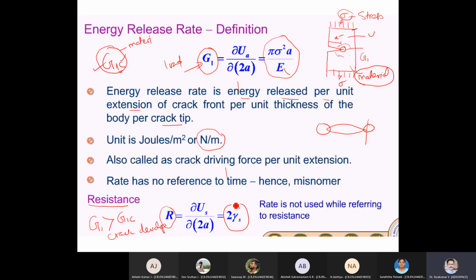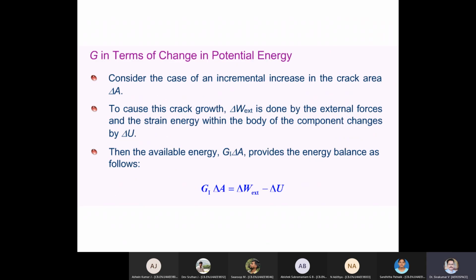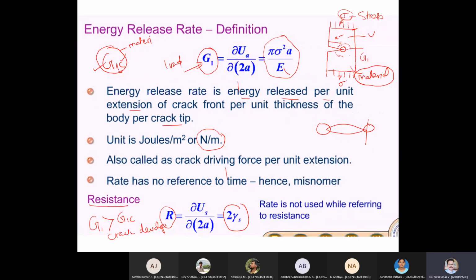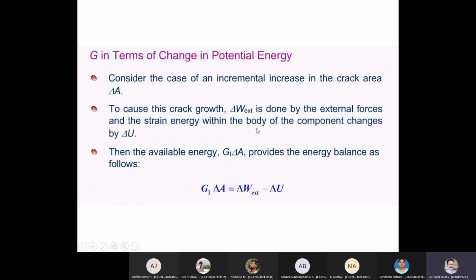The resistance is nothing but 2 gamma S. Rate is not used here because for resistance they are not using rate. This is where we stopped last class.